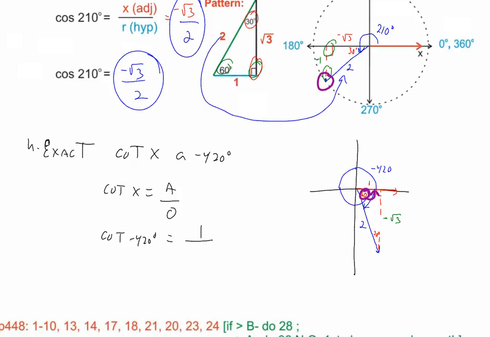And what is the opposite? Negative the square root of 3. I've got to clean that up by rationalizing and putting the negative in the top. Final answer: negative the square root of 3 over 3 is the exact value of the cotangent of negative 420 degrees.